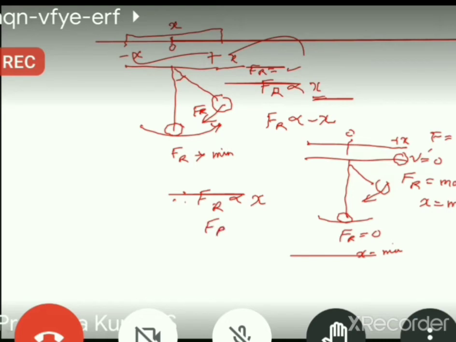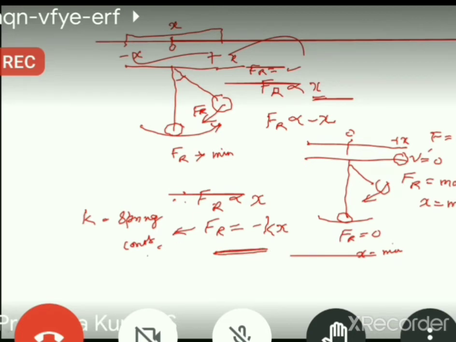Fr is minus, and I take the proportional constant as k, so Fr is minus kx. This is the restoring force in terms of the spring constant. K is the spring constant.